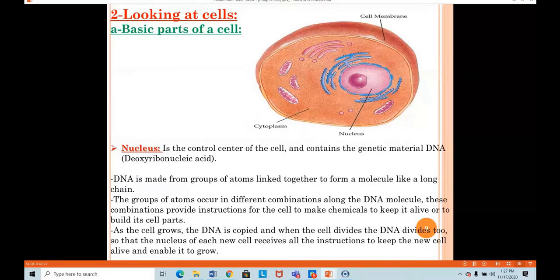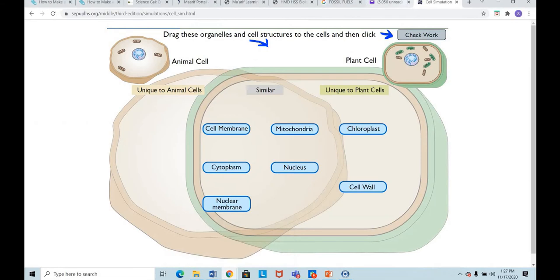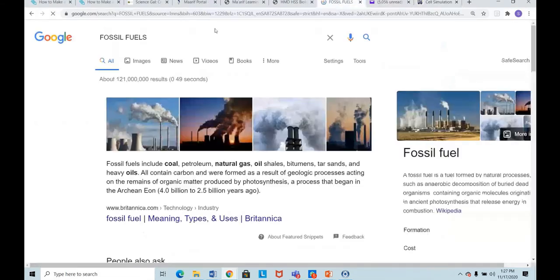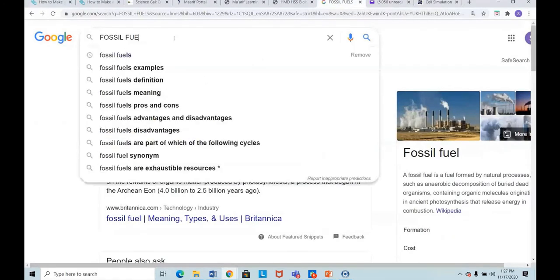Okay, so the groups of atoms occur in different combinations along the DNA molecule. And these combinations provide instructions for the cell to make chemicals to keep it alive or to build its cell parts. As I showed you the other day, the double helix structure of the DNA molecule has many combinations of the bases.